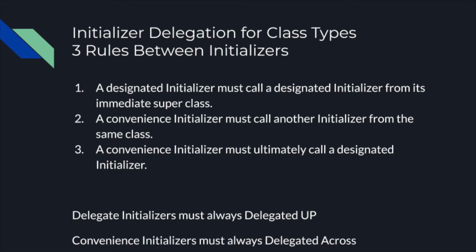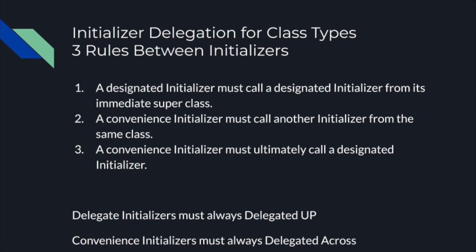To simplify the relationship between designated and convenience initializers, Swift applies three rules between initializers. That is, first, a designated initializer must call a designated initializer from its immediate superclass.